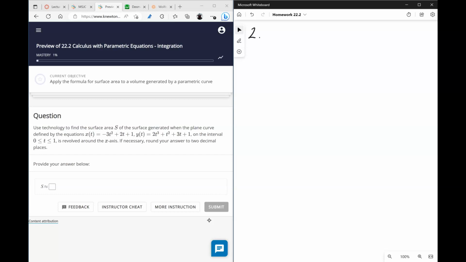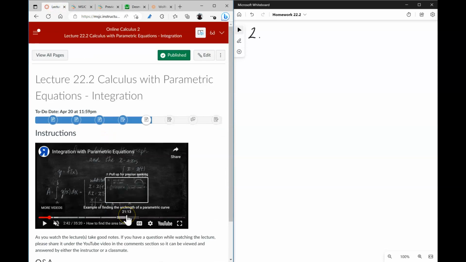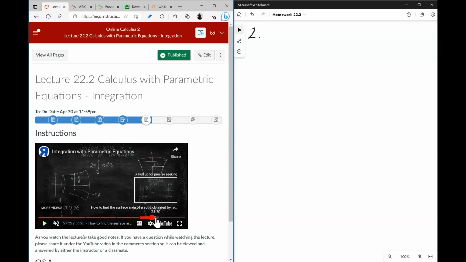We have a surface area question. And for the surface area, again, this is where you look for all the formulas in the lecture. So for example, this is this formula.